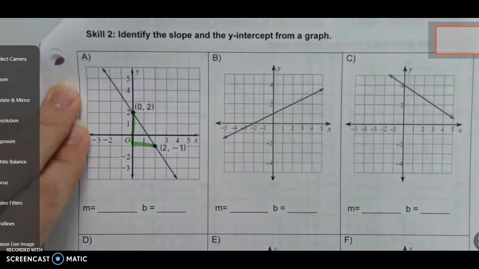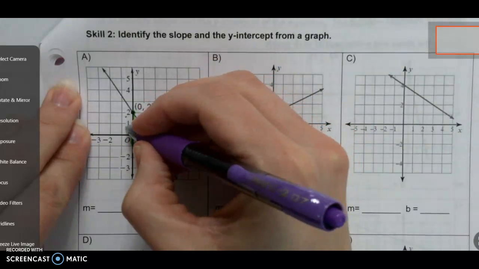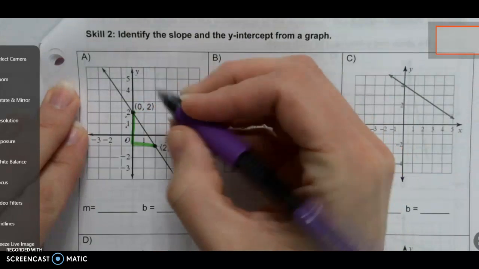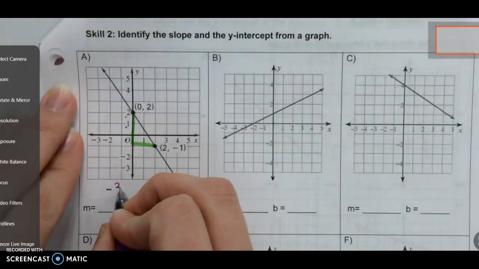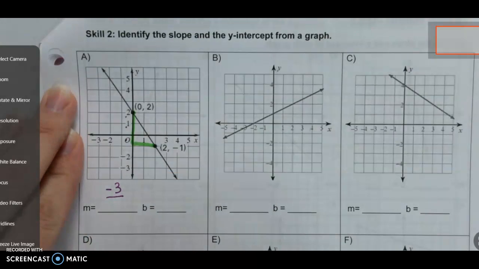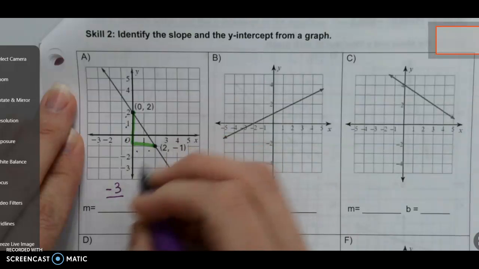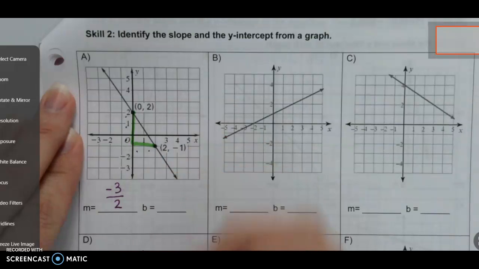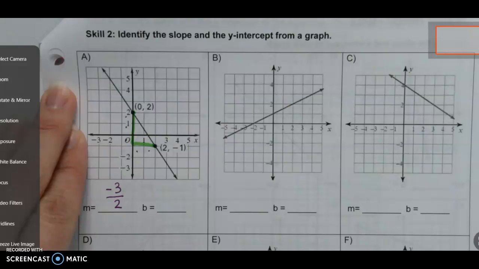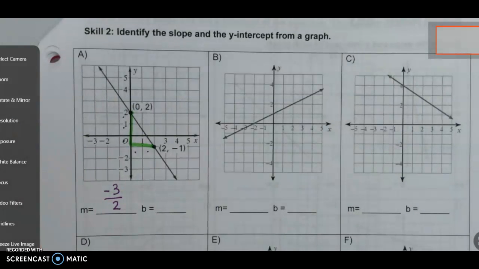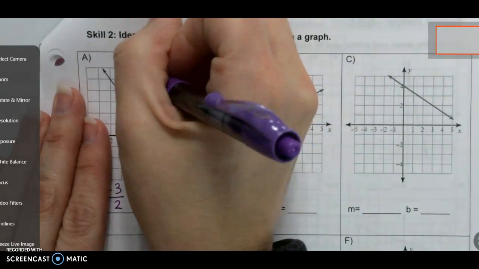So if I count down, it's 1, 2, 3 blocks down, so that's -3 as a fraction, and then +2 to the right.